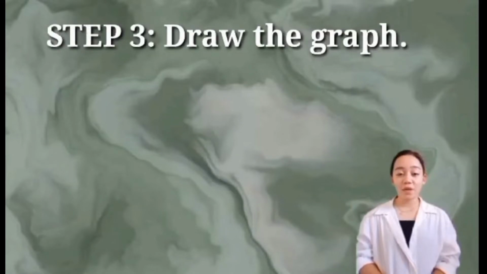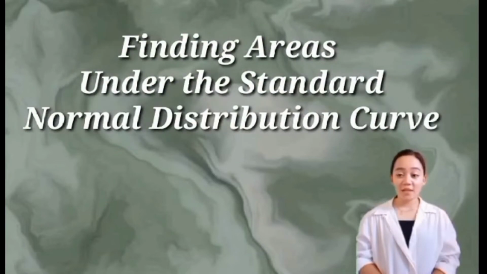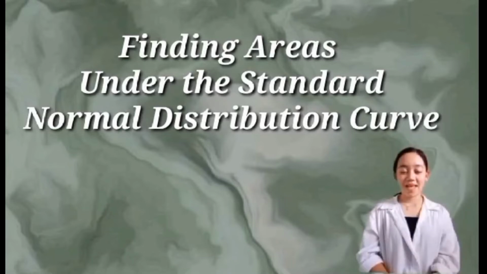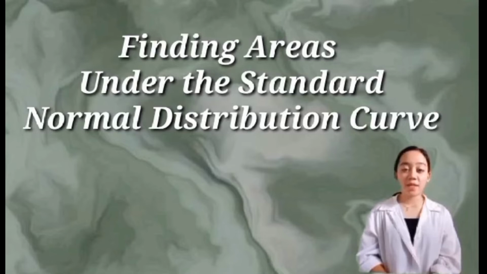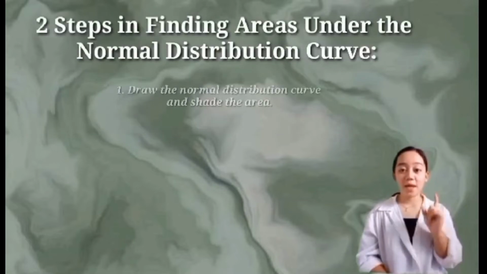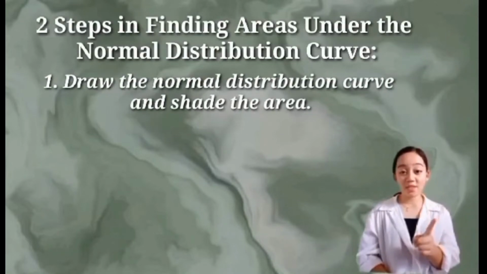But before drawing our graph, I am going to discuss first finding areas under the standard normal distribution curve. In finding areas under the standard normal distribution curve, a 2-step process is recommended with the use of the procedure table. The 2 steps are: step 1, draw the normal distribution curve and shade the area.